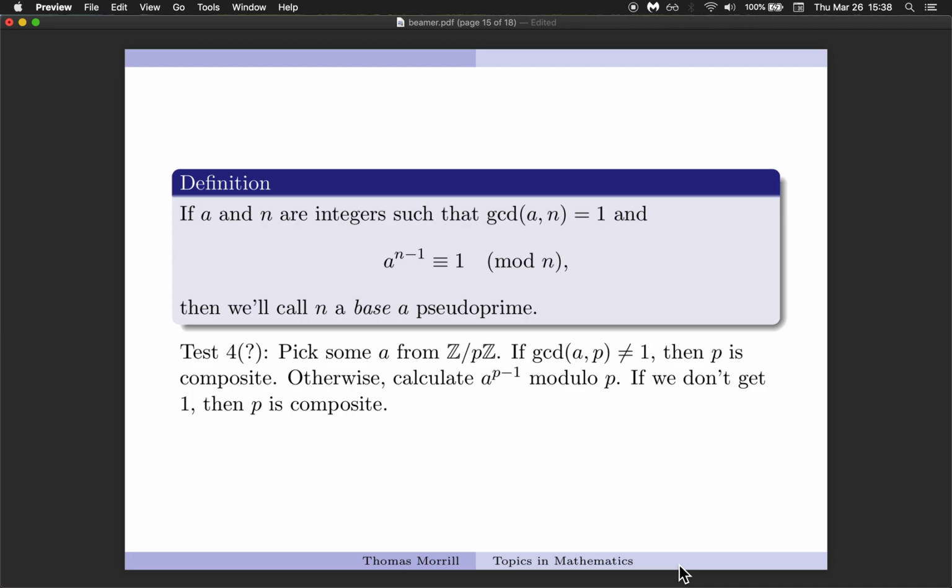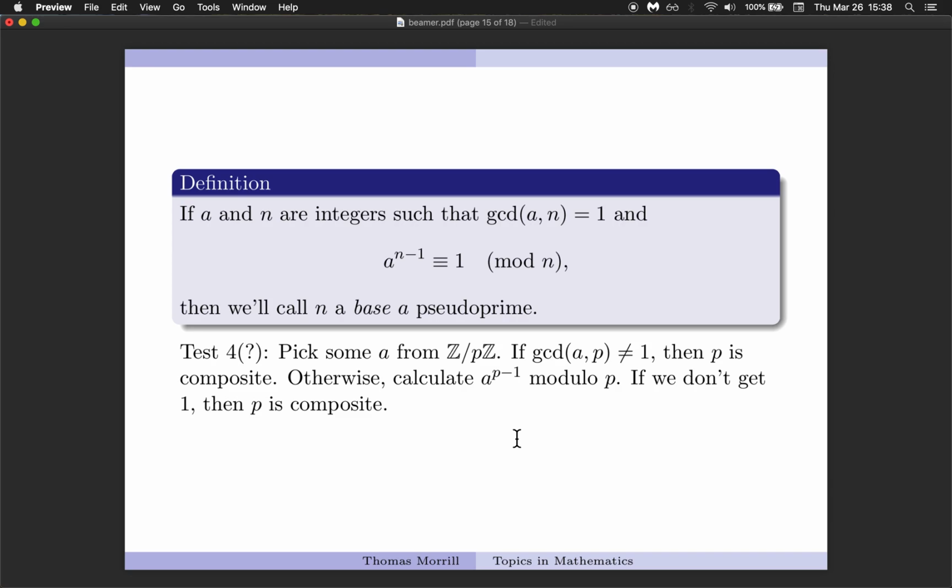If I do get 1 mod P, then that tells me that P is a base A pseudoprime. P is almost a prime. I don't have enough information to say whether it's an actual prime, but as far as the residue A is concerned, P is good enough to make Fermat's little theorem work.